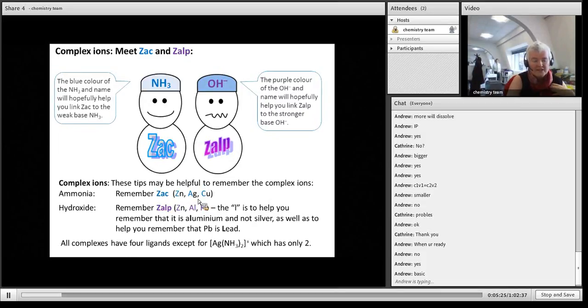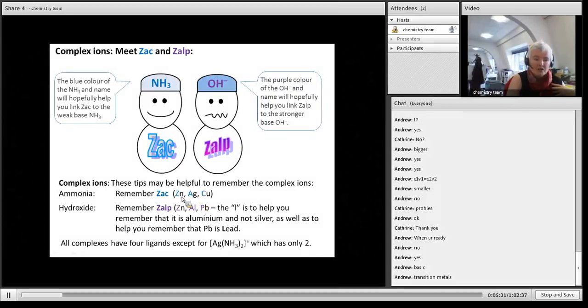Okay, I see you typing there. So if I had, say, an insoluble zinc salt, they're all transition metals, yes. Iron, there are a number, but these are the ones you definitely have to know. Lead over here is not a transition metal, but it is one of the heavy metals.